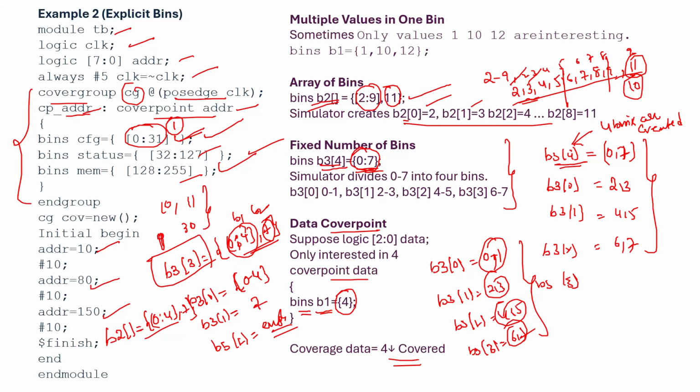All values we need to hit, and that many bins are created. That means 0, 1, 2, 3, 4. How many values are there? 5 and then 7. Then a total of 6 values are there. Then 6 bins are created. Clear? Did you understand what I am saying here?